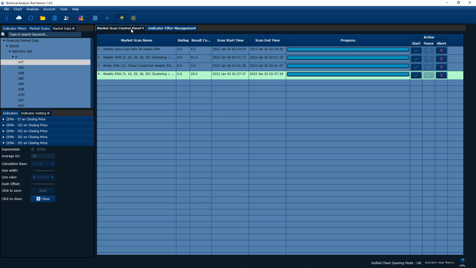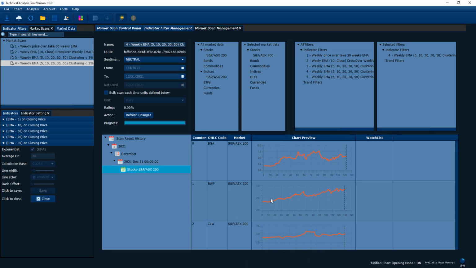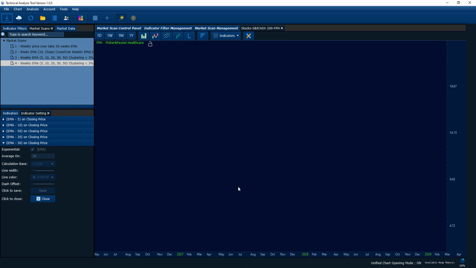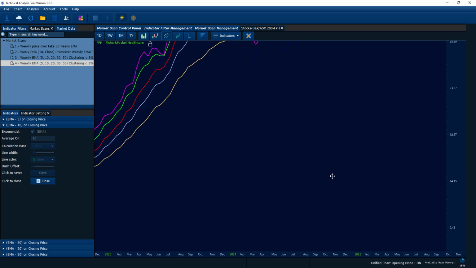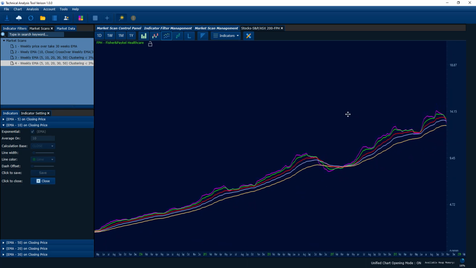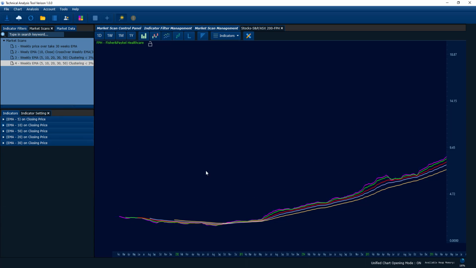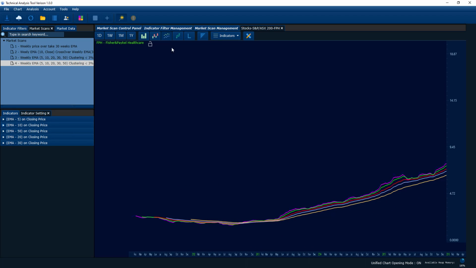Let's take a look at another one from the previous market scan, to see if I can find a better example. All right, let's take a look at this HP. Okay, so this one looks like a bottom.